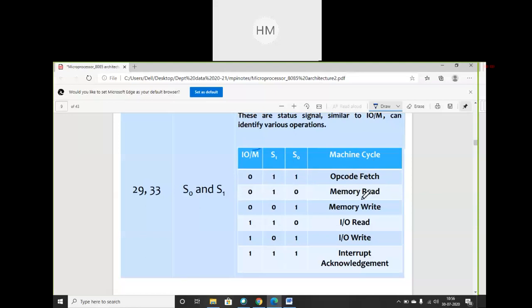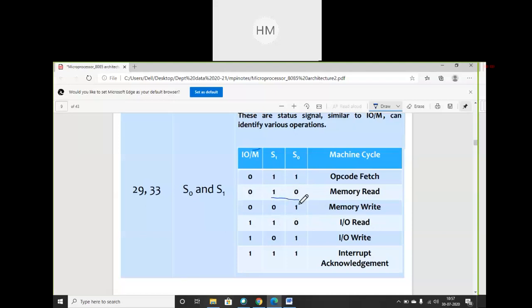Okay, I want to read the data from memory. 0, 1 is memory write. Okay, then when this is 1, it means input output devices are connected and we are interacting with peripheral devices. So 110 means input output read. For read, always look at the signal, it is the same.